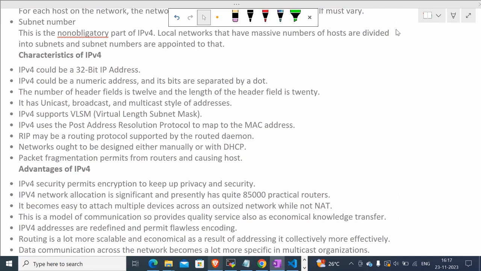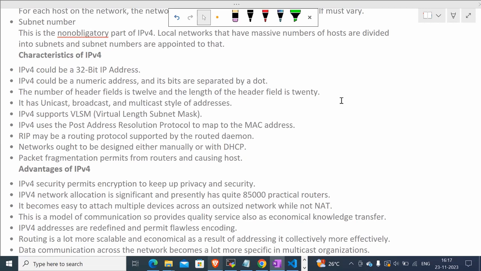So what used to happen when you were connecting any device in your network? At that time the network administrator used to assign the IP address manually. So what was the problem? The problem was it was manual work.